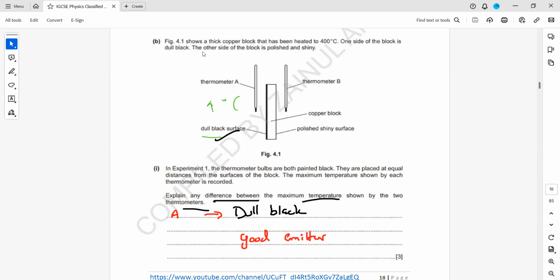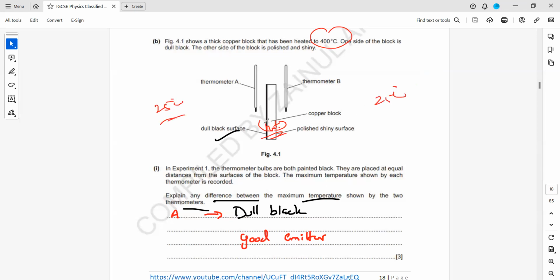Dull and dark surfaces are good absorbers and they're good emitters. The reason why I did not use the term absorber is because they already mentioned it is heated to 400. So already the metal is hot and the surrounding temperature is like 25 degrees.